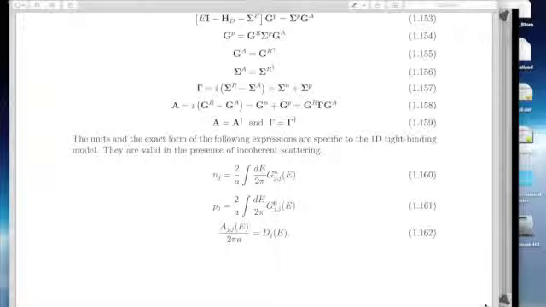If you had multiple orbitals, you'd be taking a trace over all the orbitals within the unit cell, something like that. But this general relationship, how we get the electron density, will always just be integrating G^n over energy. That's how they're related. Same with the hole density, integrating G^p over energy, and this relationship that you went through in the homework between the spectral function and the density of states.